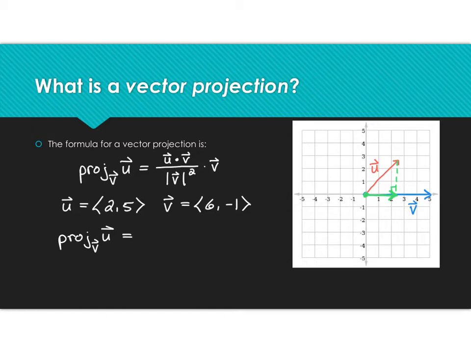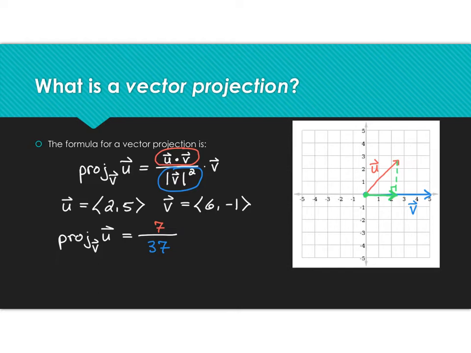So we need to start by getting the dot product. U dot v in this case is 12 minus 5, so 7. Then we need the magnitude of v squared, which should be 37. If we find the magnitude of v, it's the square root of 36 plus 1, so the square root of 37. If you square that, we get just 37.